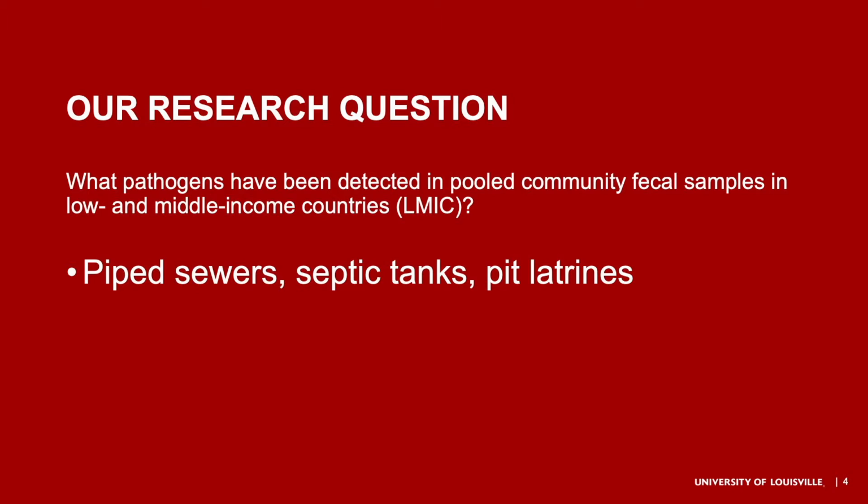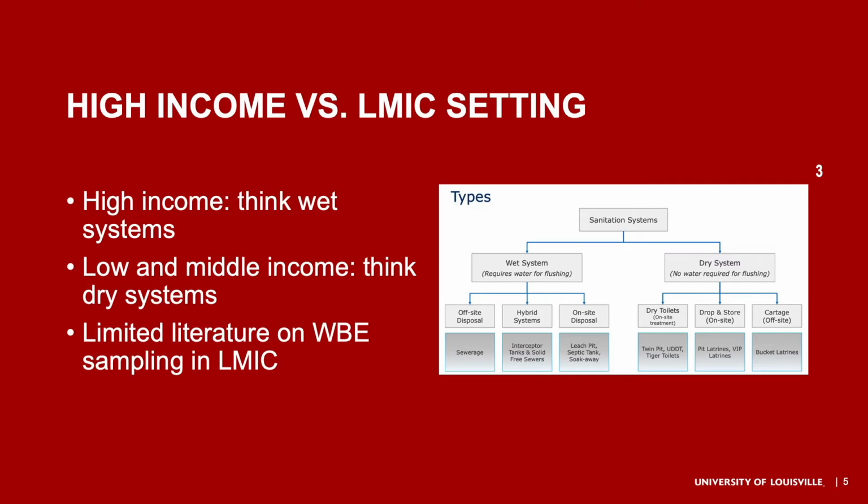But what is the point of all this? Why do we care about the low and middle income setting? Because sanitation systems and wastewater-based epidemiology methods vary depending on a country's economic status. Non-sewered sanitation systems are far more common than sewered systems in low and middle income countries.